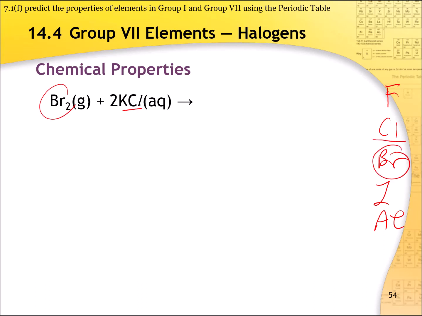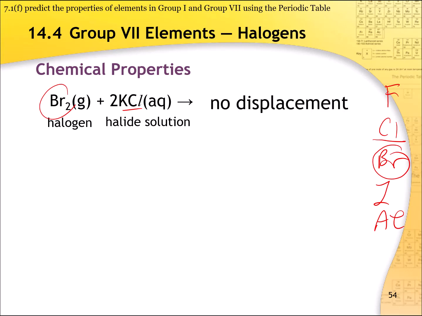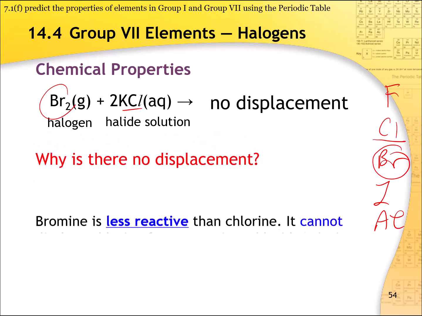Cl is above. So do you think there's any reaction? It only reacts if Br is above Cl. You can only displace someone when you're more reactive, must be above. So no reaction. Why is there no displacement reaction here?